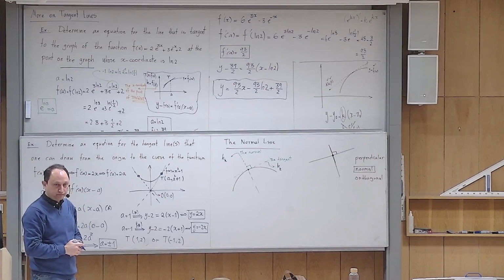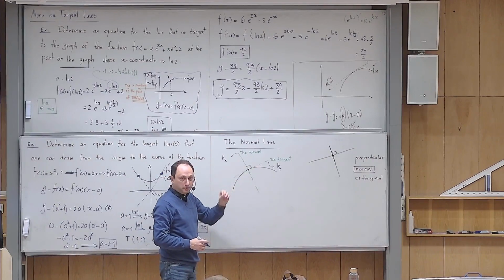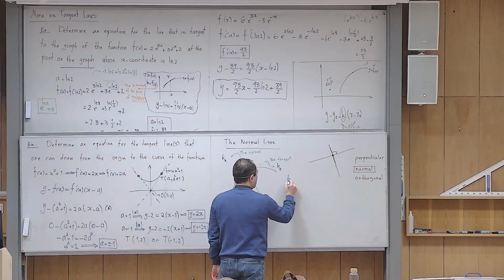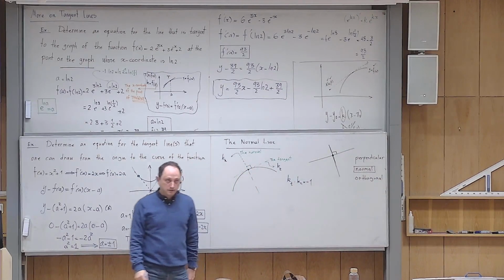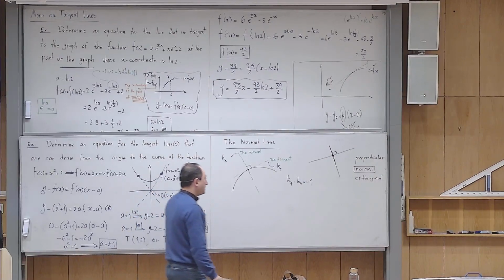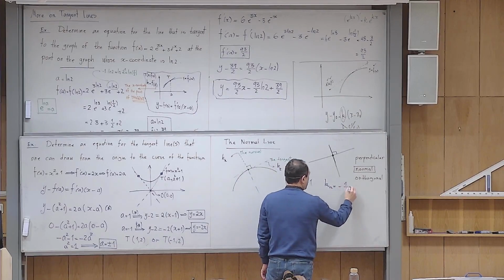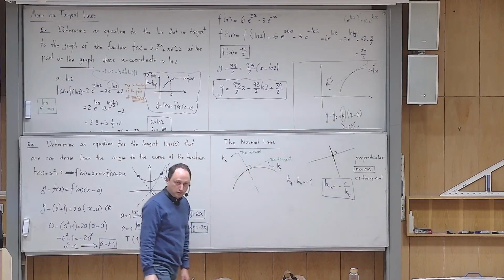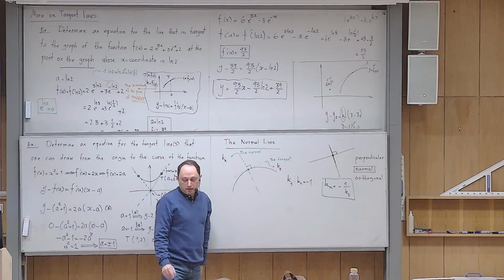Just k sub n is equal to minus k sub t? No? Minus 1 over k, yes? So we know that if two lines are perpendicular, there is a nice connection between these values. So if I want to find the k value of the normal line, it's just minus 1 over k sub t. And you already know how to find k sub t, because that is the k value for the tangent line. Okay, so that's the problem.